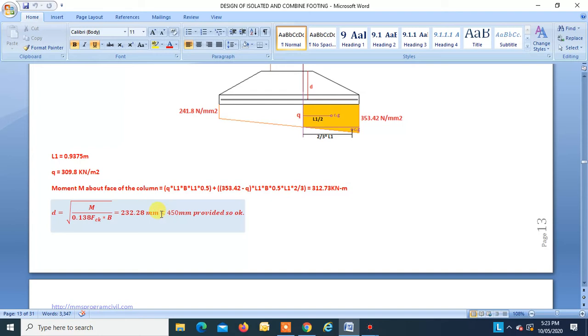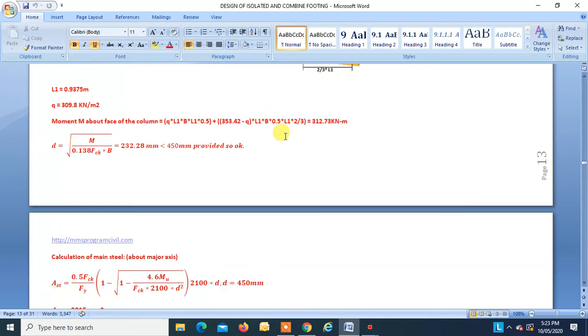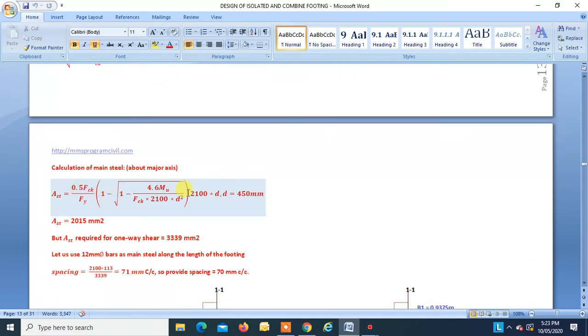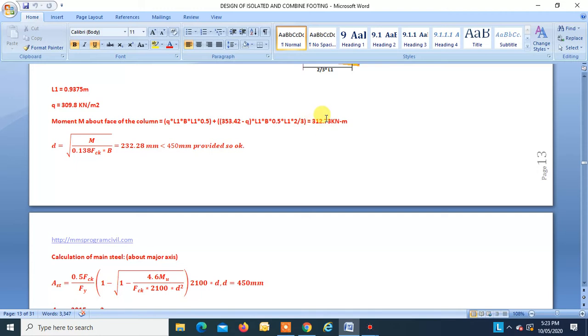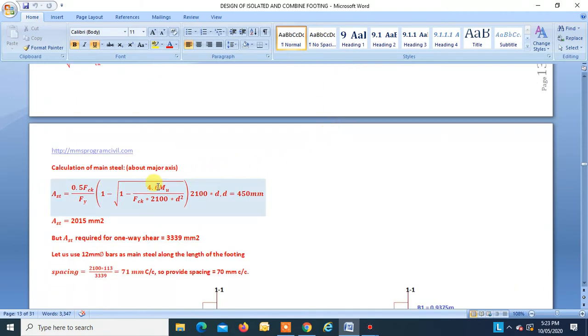The required D is less than provided, and that concludes that our section is under-reinforced. So we can find the steel using this formula. We know the moment, that is 312.73. Put the value of moment over here. D is equal to 450.